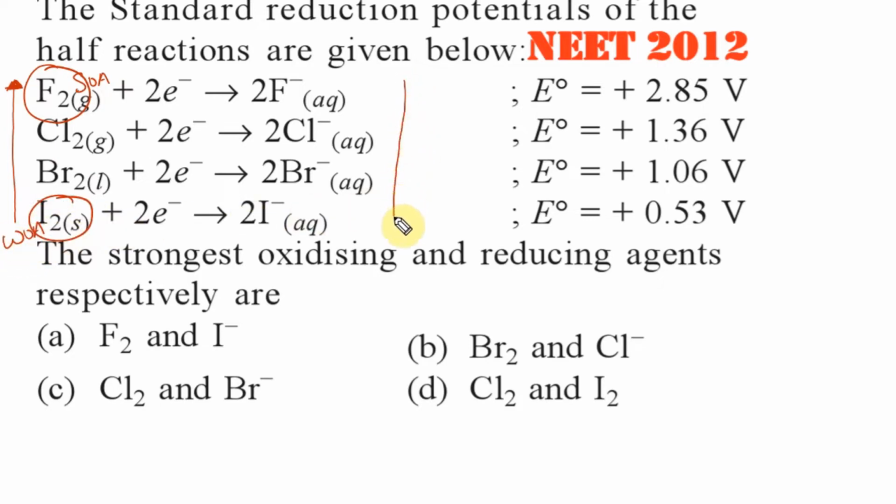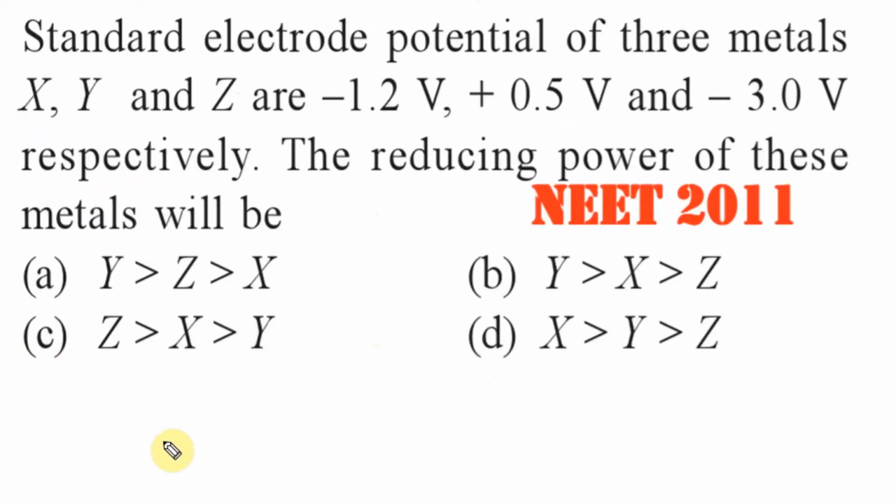Similarly, reducing agent strength increases as you go down the series. So this is going to be our strongest reducing agent, and this is going to be our weakest reducing agent. Here they're asking what the strongest oxidizing agent is, that is going to be F2, and the strongest reducing agent, that's going to be I2. The option is A. As simple as that.